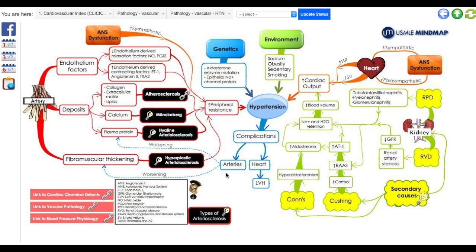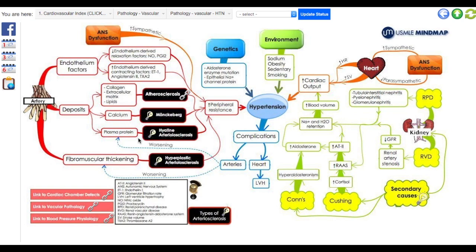Now let's go to the left, the arteries. We break it down. What are the factors in the arteries that can lead to hypertension? Endothelium factors, deposit factors, fibromuscular thickening, and now the student can follow the link. For example, we have deposits, mainly three things: atherosclerosis, Monckeberg's, and hyaline arteriosclerosis.